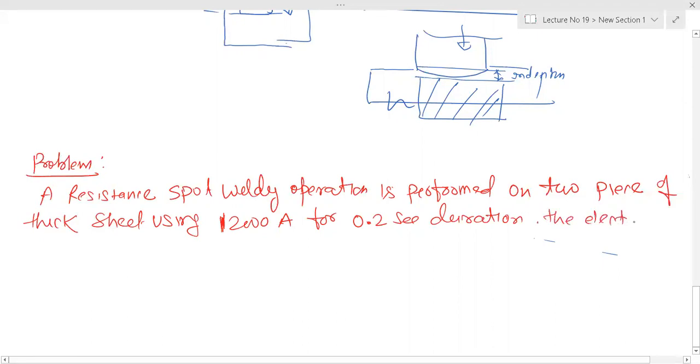Electrodes are 6 mm in diameter at the contact surface.